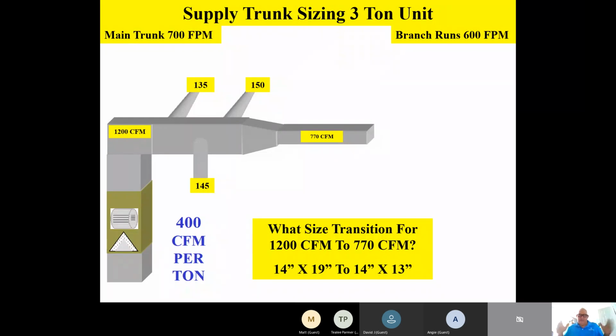It's because as we take air off of any main trunk section, the air starts slowing down as we take air out of that section. So we have to take that remaining air and continue to push it down the main trunk, but we want to squeeze it down and speed it back up to our main trunk target velocity in our example of 700 feet a minute velocity on our main trunk.